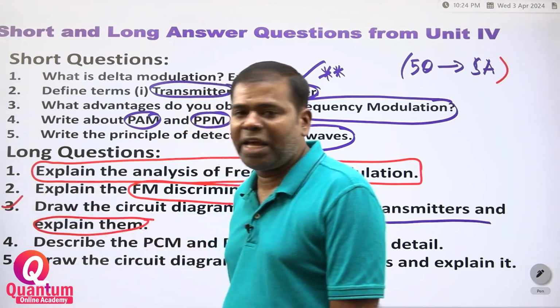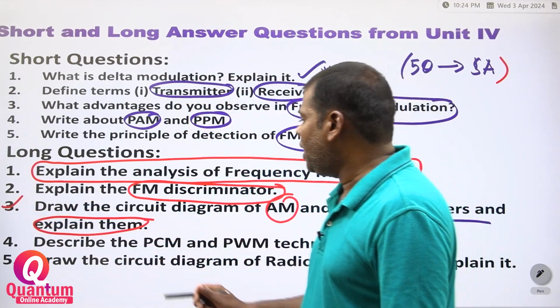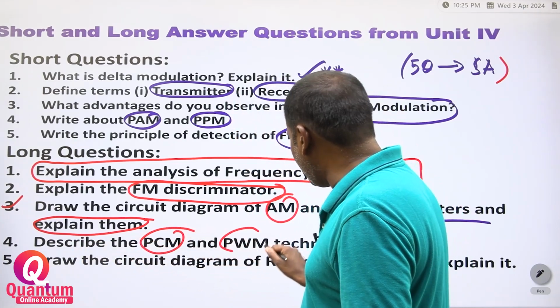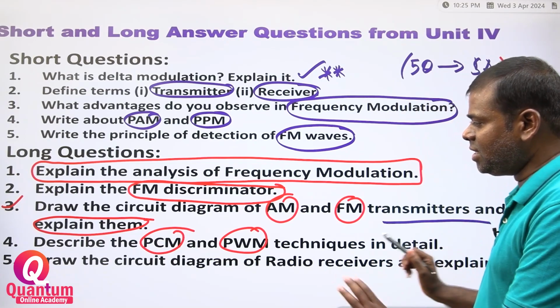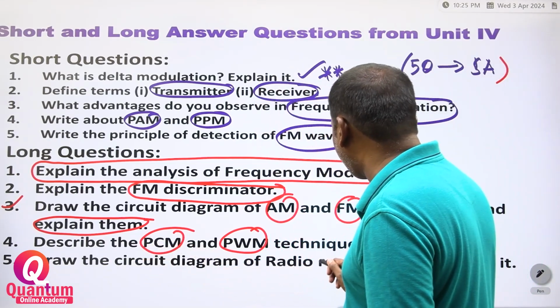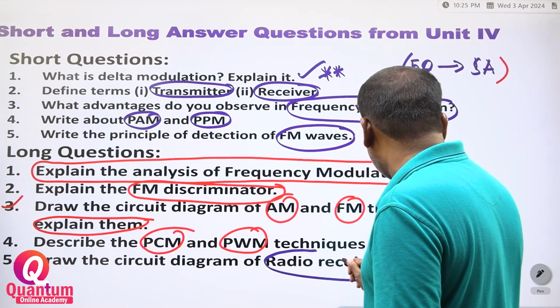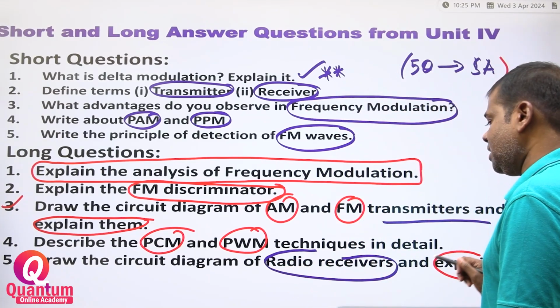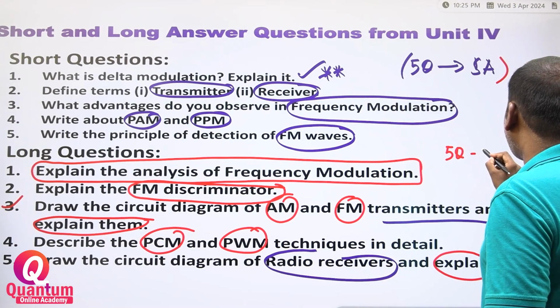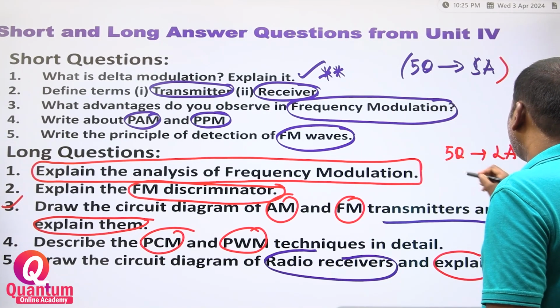You have to explain about the transmitters. Fourth one, describe the PCM, PWM techniques in detail. This one also they will ask. Draw the circuit diagram of radio receivers and explain it. These are the 5 long questions from the 4th unit.